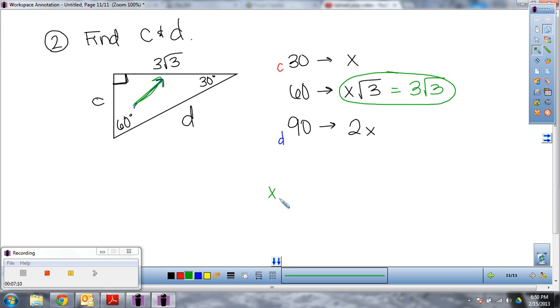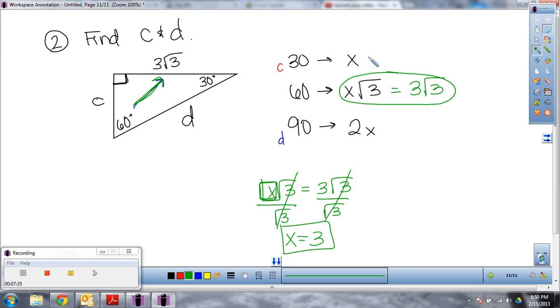We could say x square root of 3 is equal to 3 square root of 3. Since we're looking to get x by itself, we want to get rid of our square root of 3. We can do that by dividing by the square root of 3 on both sides. And it works out nicely that the square root of 3 simplifies, and we're left with just x is equal to 3.